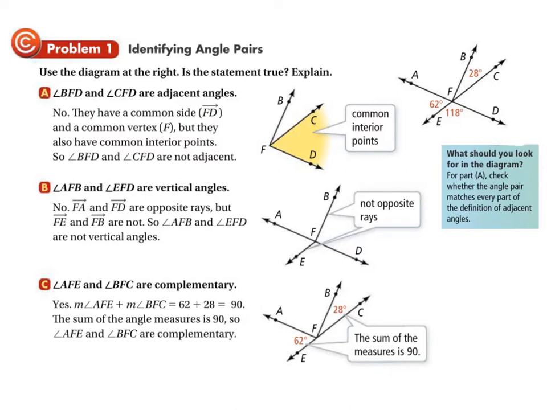Okay, what about these angles? Are they vertical? Angle AFB right here, and angle EFD right here. Okay, do we have every part of this meeting the requirements? Well, ray FA here and ray FD are opposite rays, which we need to have both sets of opposite sides for these angles. But FE and FB are not.